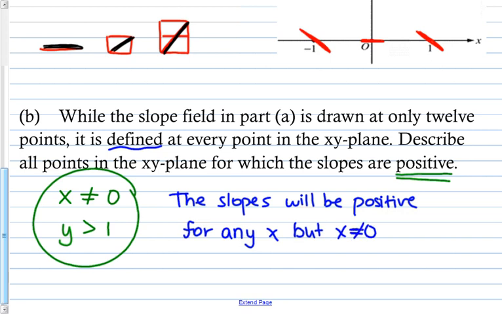For any x but x equals 0, and any y greater than 1. And there you go. And right here, folks, 3 points on the FRQs.